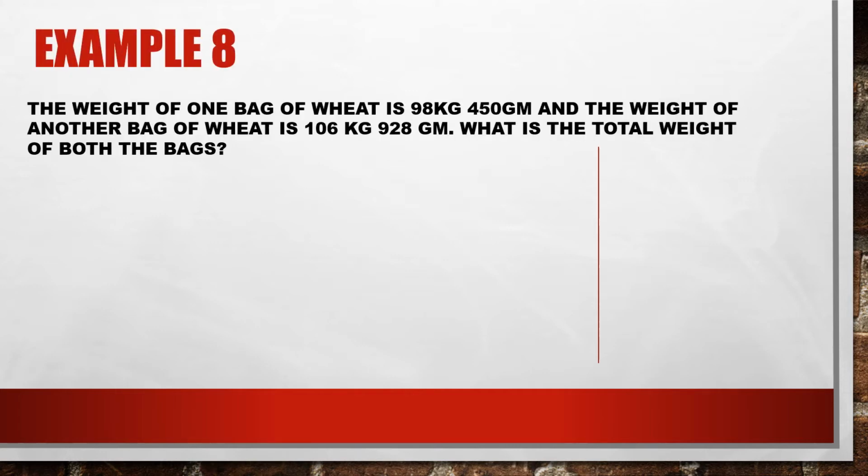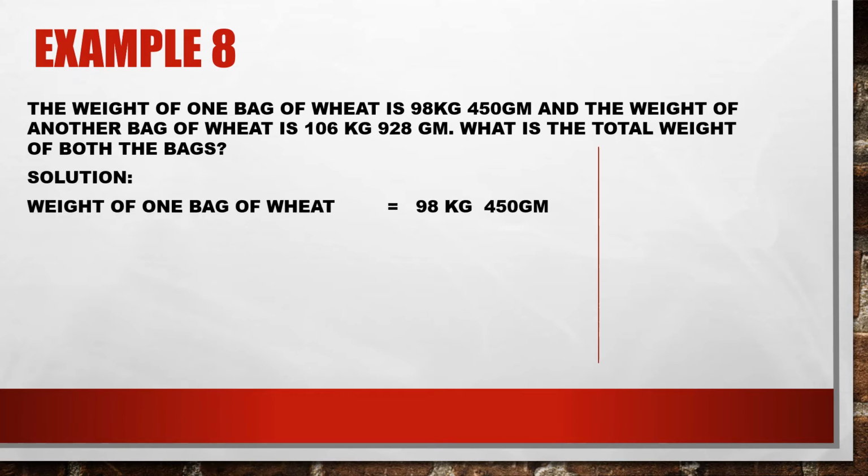Example 8. The weight of one bag of wheat is 98 kg 450 grams and the weight of another bag of wheat is 106 kg 928 grams. What is the total weight of both the bags? Here we have the solution. Weight of one bag of wheat. So what is the weight of one bag of wheat? It is 98 kg 450 grams.